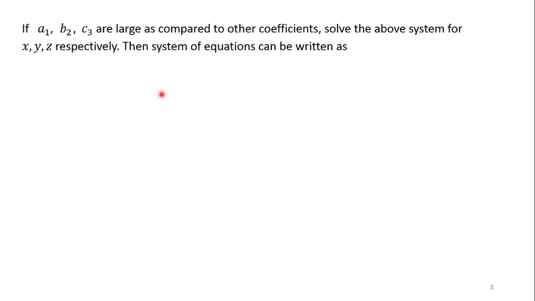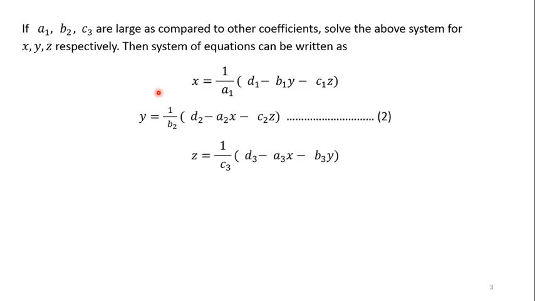From the first equation, where the coefficient of x is large, you obtain x. From the second, where the coefficient of y, b2, is large, you obtain y, and from the third, where the coefficient of z, c3, is large, you find z.